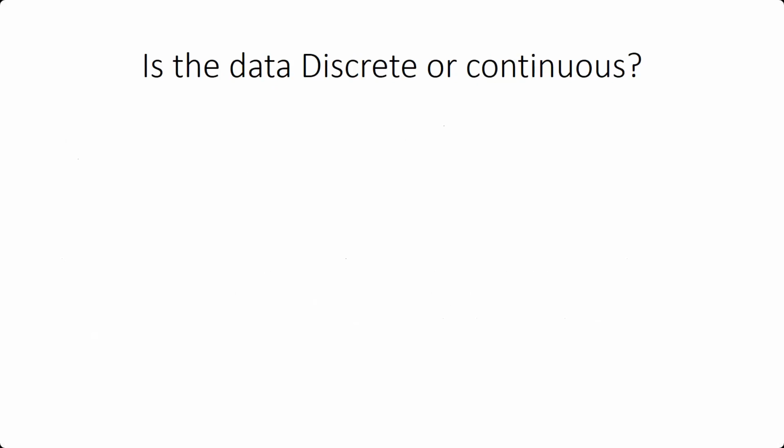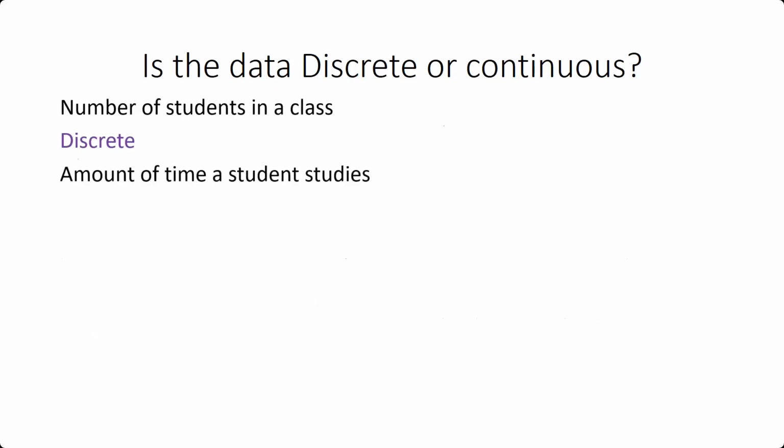So for each one, I want to know if it's discrete or continuous. The number of students in class. Discrete, because we cannot have half of a student. Amount of time a student studies. Continuous. You could study for a half hour. You could study for 2 hours.